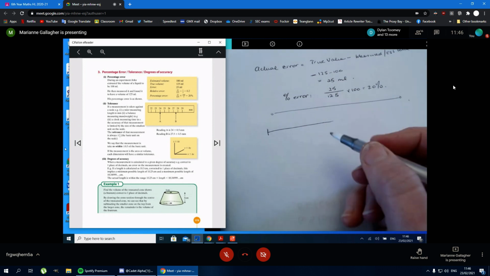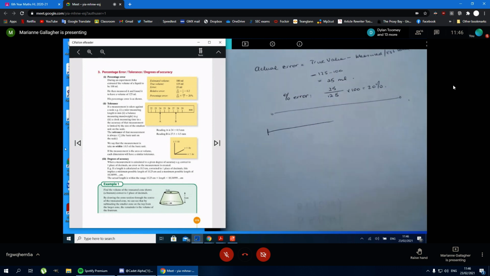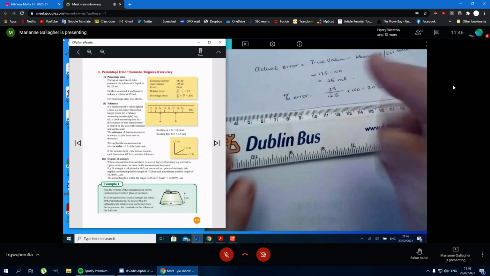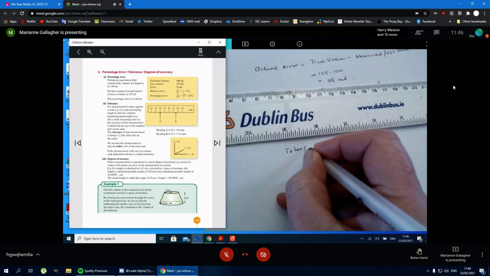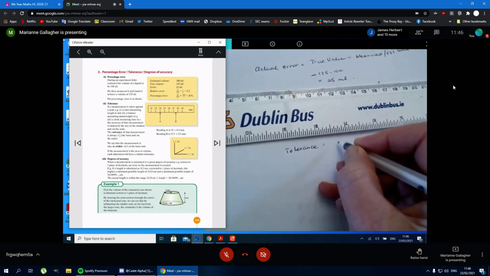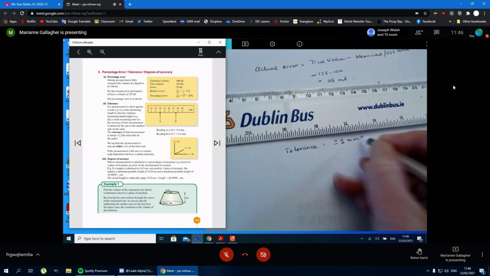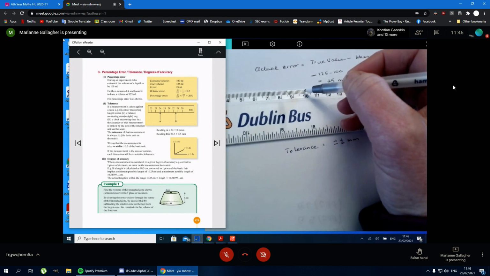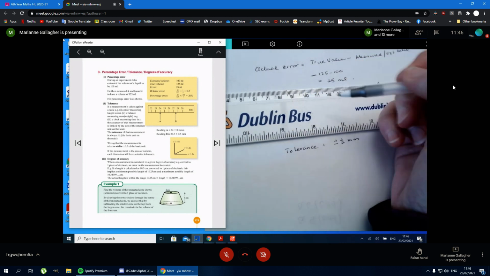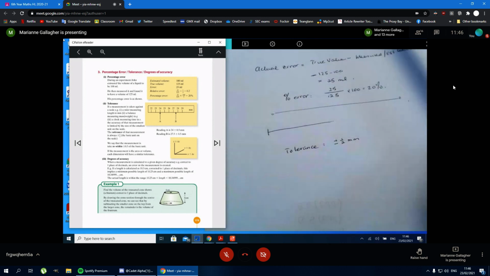So your tolerance is you take your smallest unit, in this case millimeters, and you say I'm accurate to plus or minus a half of that, so 1/2 of a millimeter, because you can't go accurately less than a millimeter. Wherever you get, you're within a half of one either side of that. Does that make sense?